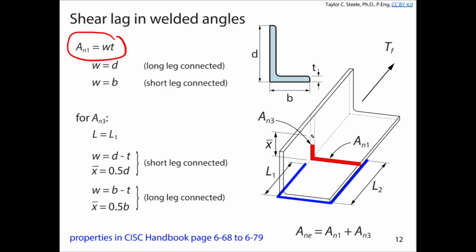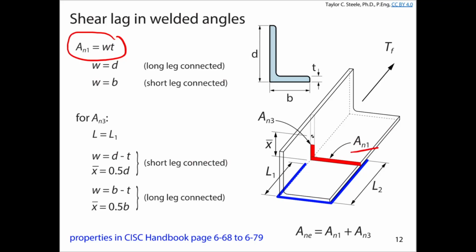If we have the long leg connected, then W, the width of that leg, is equal to D. If we have the short leg connected, it's B. Not super important which those are. What's important is that we have one component of this angle that is basically a flat bar with a transverse weld on it. So this one corresponds to an AN1 we might calculate for that part.